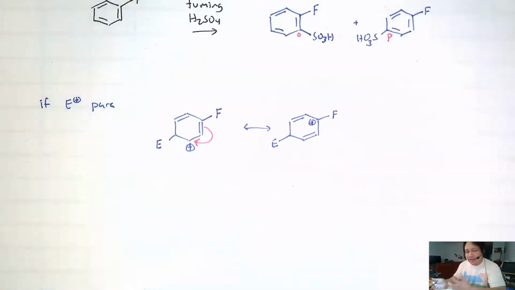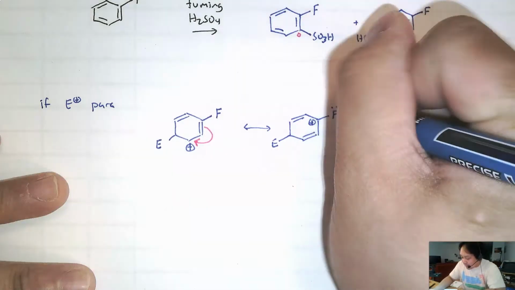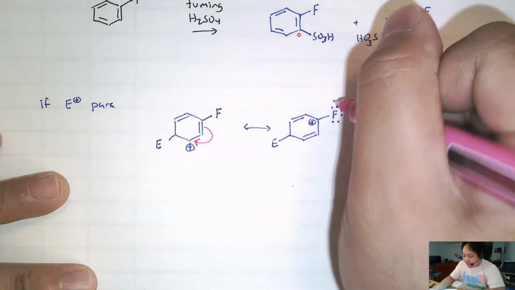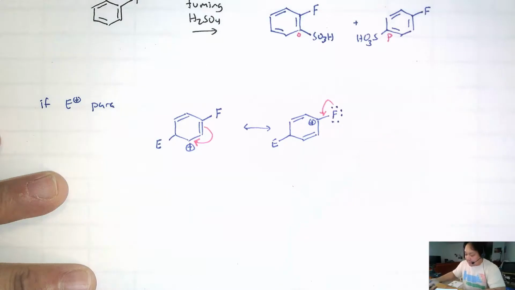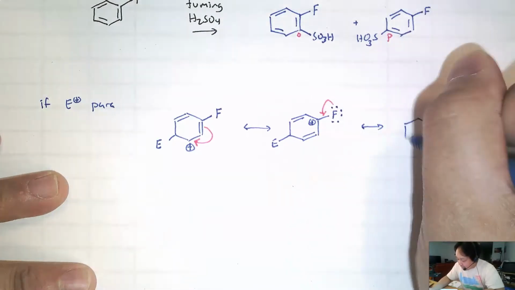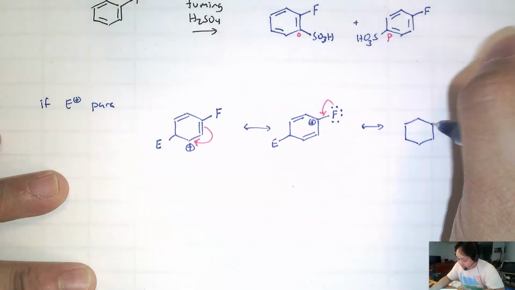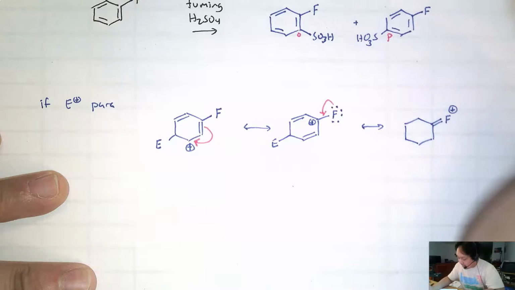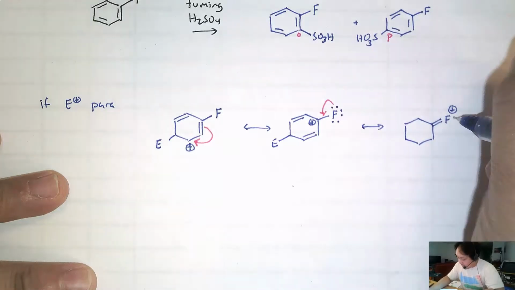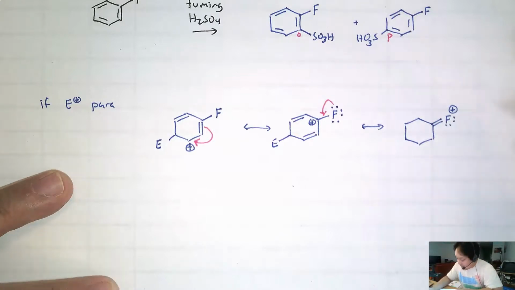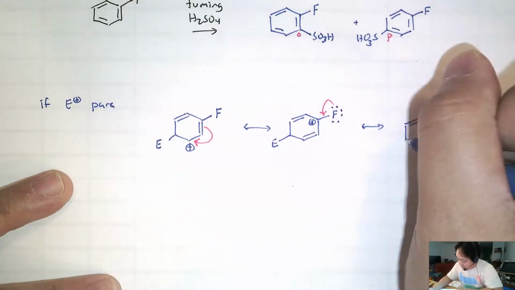But it's ortho-para directing because just like we had for the good groups, you have a lone pair on the atom next door, and you could do this resonance. So this is a resonance structure that you don't get if you have meta directing. And yes, this will be positive, I think. 1, 2, 3, 4, 5, 6. Yep, that's positive.